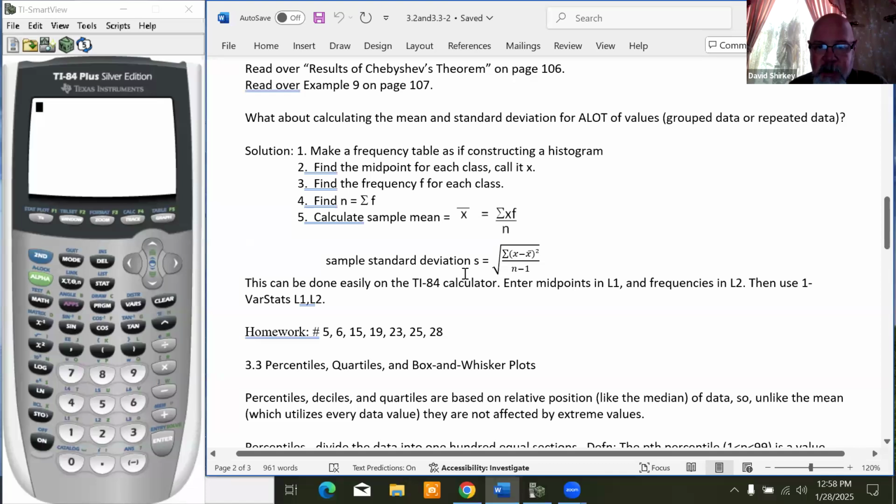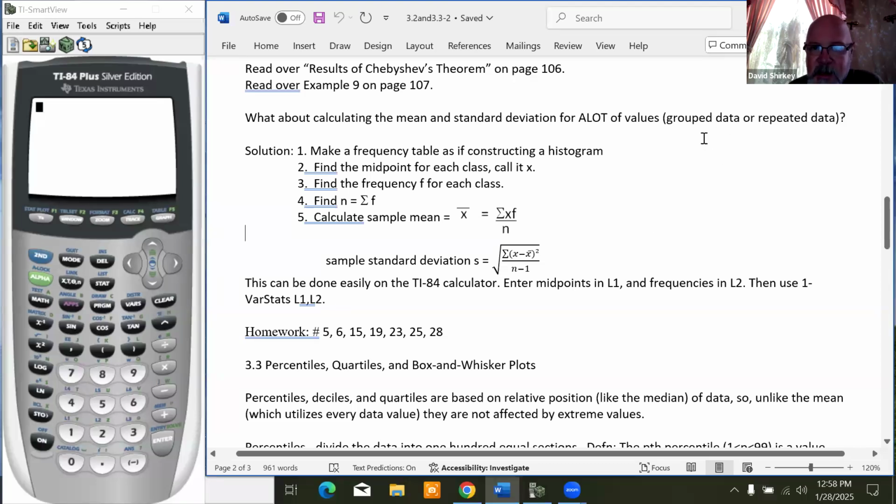The sample standard deviation is the square root of the sum of, in parentheses, X minus X bar squared, divided by sample size N minus 1. Now you can do this easily on a TI-84 calculator. You enter the midpoints in list 1, frequencies in list 2, and then use single variable stats L1 comma L2.